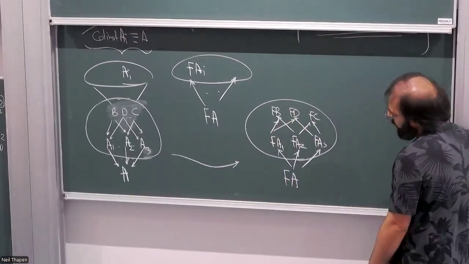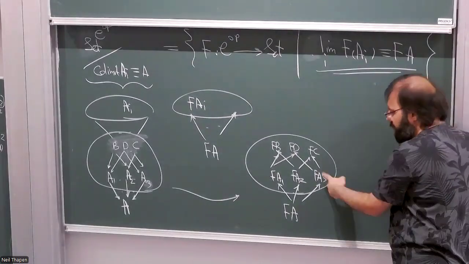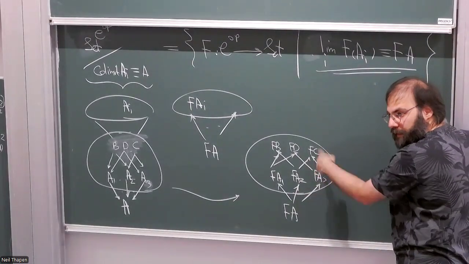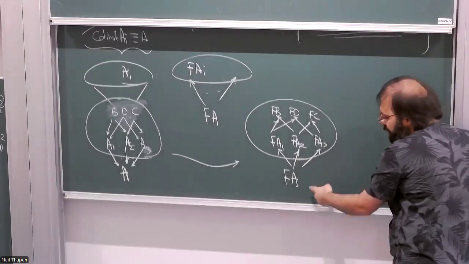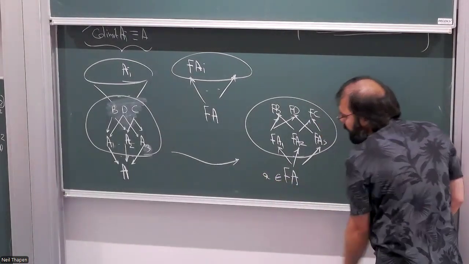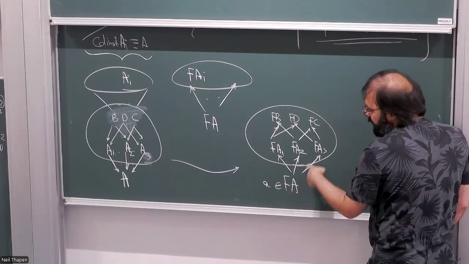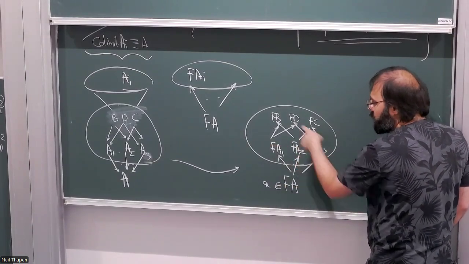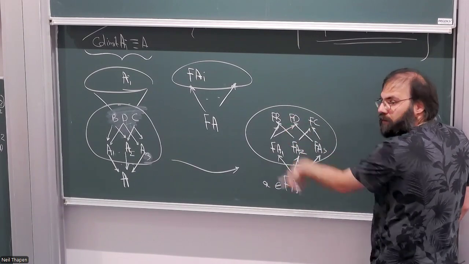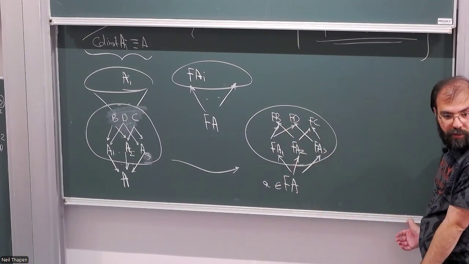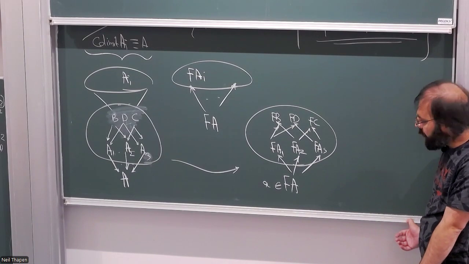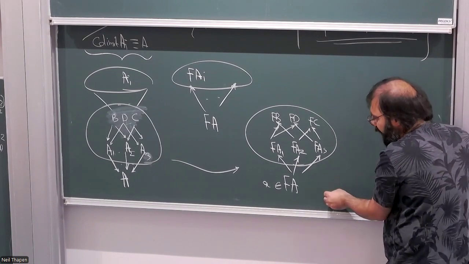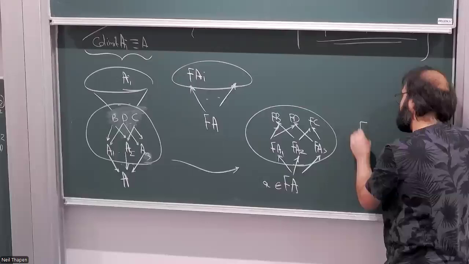So what I'm saying is to just work with some F's with this property, that this is a limit. And if it is a limit, then any element here is uniquely determined based on 3 elements here, here, here, such that you have these conditions. So I am saying that F is a sheaf.